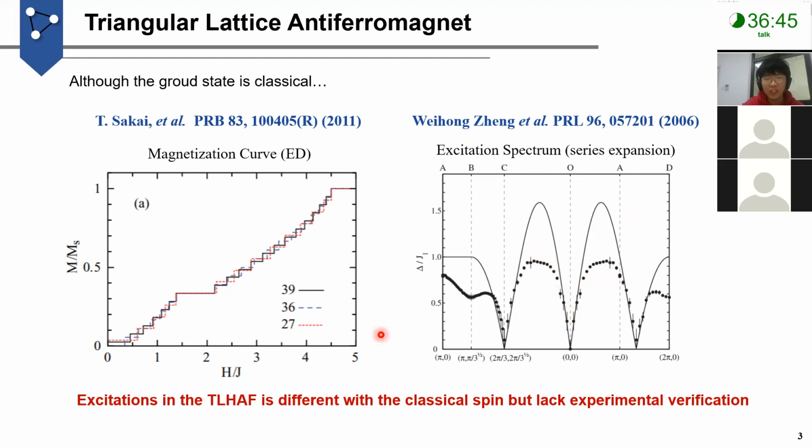Therefore, the excitations in the triangular lattice antiferromagnet are very different from those of classical spins. However, the correctness of the theoretical prediction needs further experimental verification.